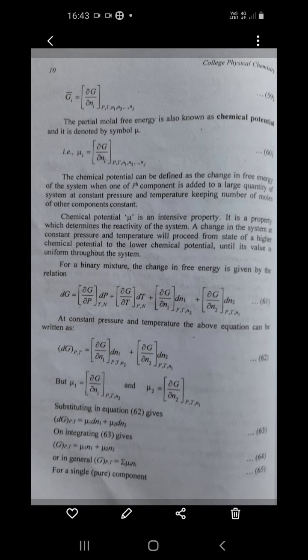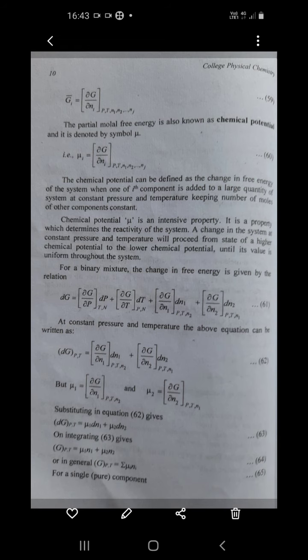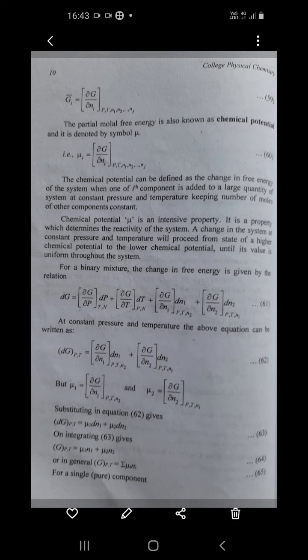On integrating equation number 63, it gives capital G at constant pressure and temperature is equal to mu1 N1 plus mu2 N2. That is equation 64. Or in general, G at constant pressure and temperature is equal to the summation of mu i Ni over the ith components.